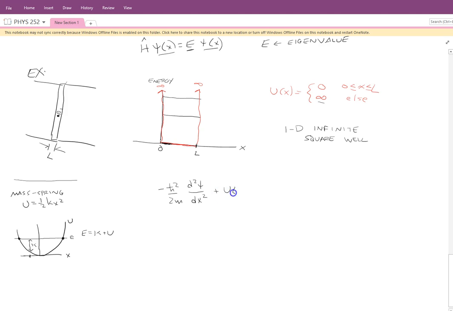Plus U of x times psi of x equals this eigenvalue energy, E times psi of x. Okay, all right, so look, we only have to worry about inside the well, because there's no way that the electron is going to make it outside the well. Okay, and inside the well, we take the potential energy to be 0, so this is gone inside the well. So our differential equation looks like this.